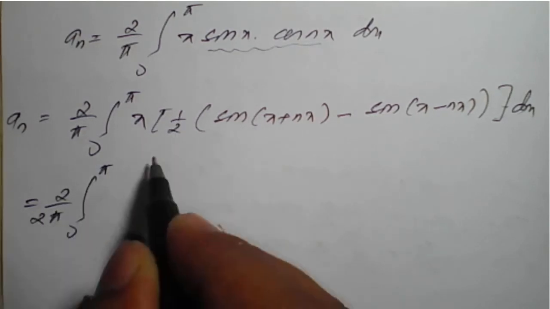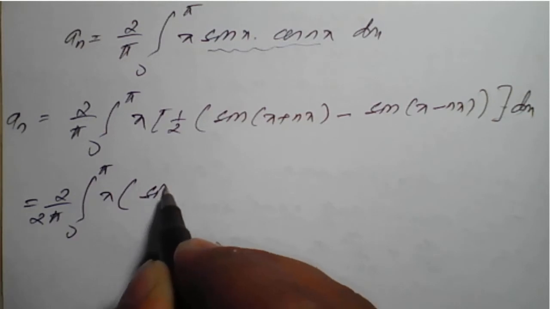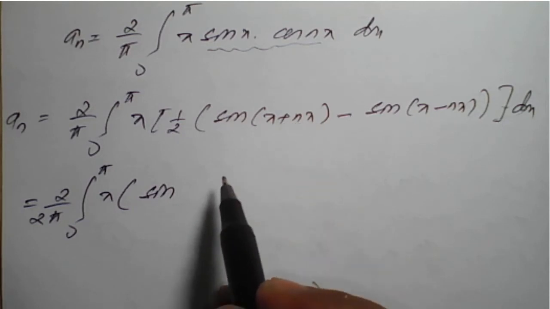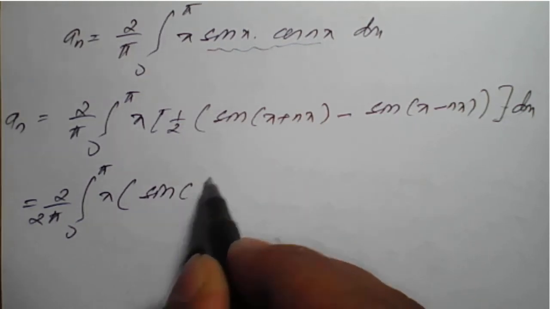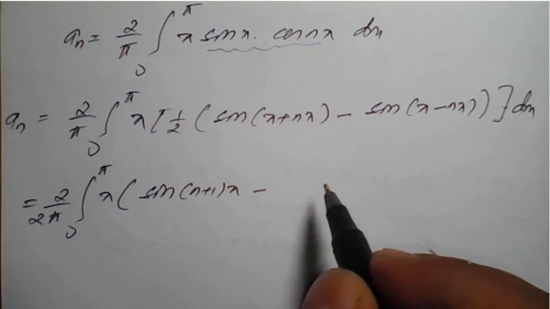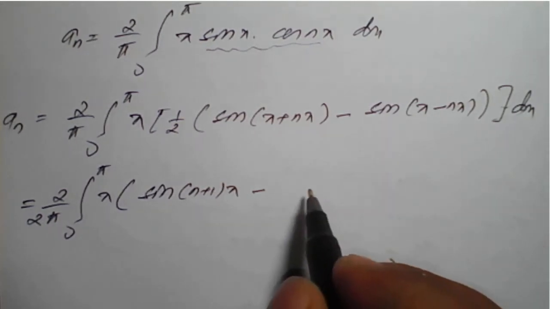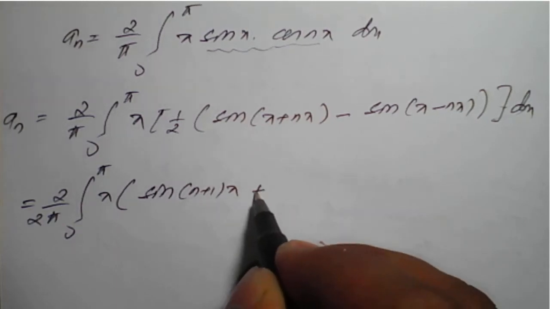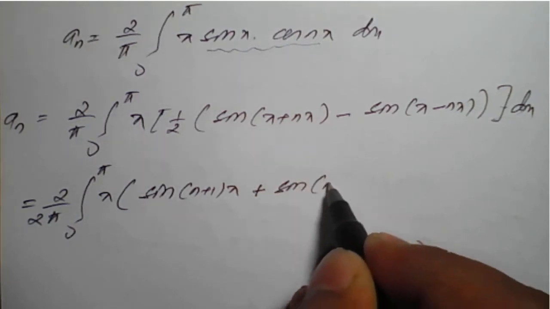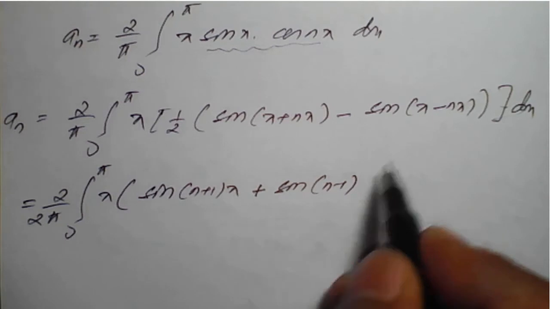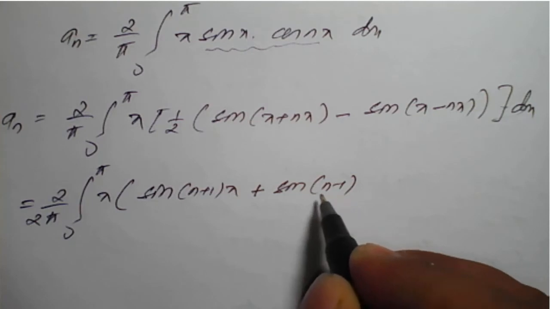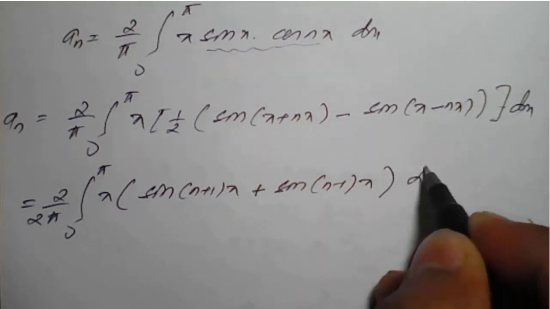The 1/2 goes out, this 2 cancels, x into the bracket sin of, x plus nx, taking x common, becomes (n + 1)x, minus, and taking common from the other term, it becomes plus sin of (n − 1)x, because it has 1 − n, and I want n − 1, so minus, and that minus becomes plus. Therefore sin (n − 1)x into dx.